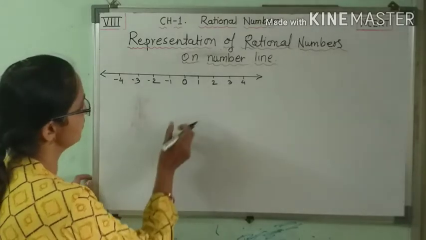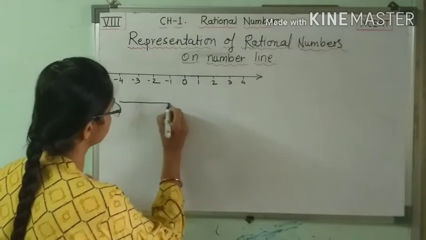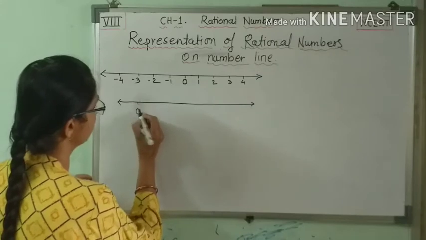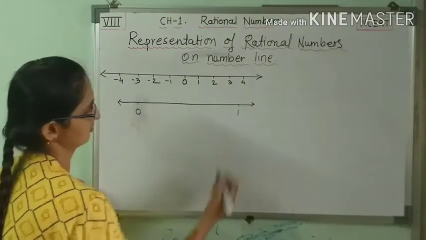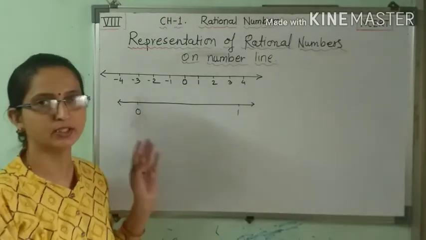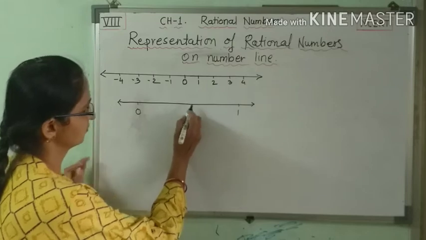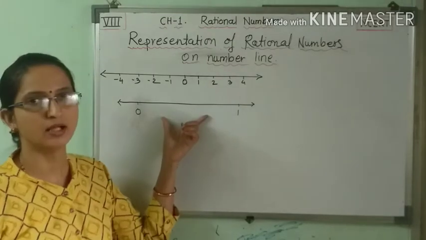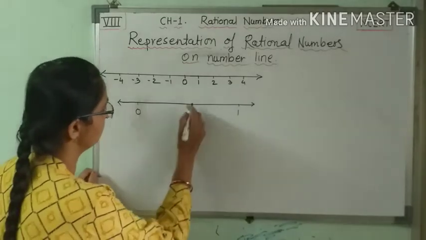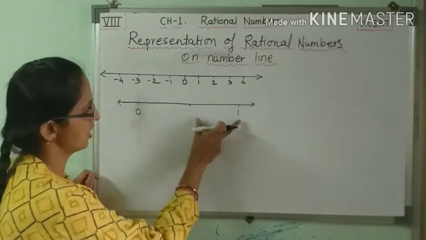So I will take only this much part on this number line, that is here 0, here 1. This line can be extended indefinitely on both sides. So if I make two equal parts of this distance, then this is the half part and this is also the half part.